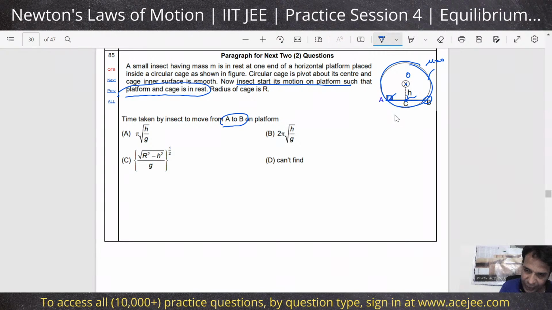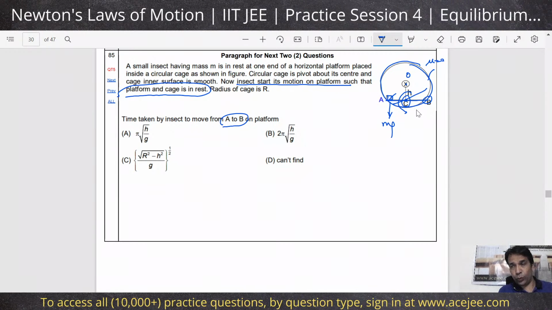Let me write the torque about C. It's not balanced about C, because if the insect is standing, with mass M, there will be a torque and the platform will tend to go like this, correct?